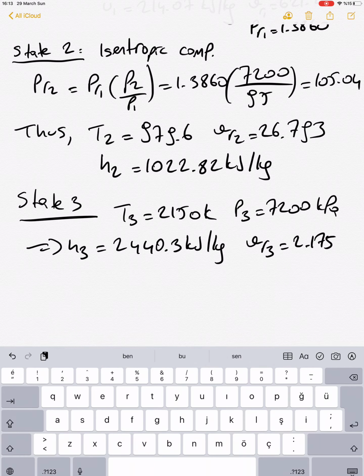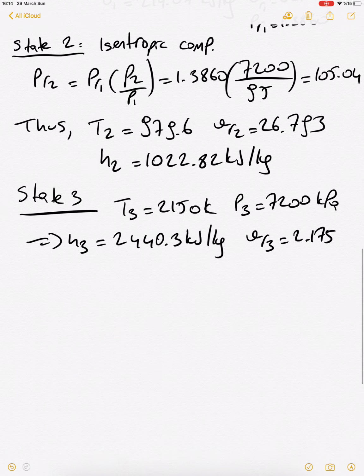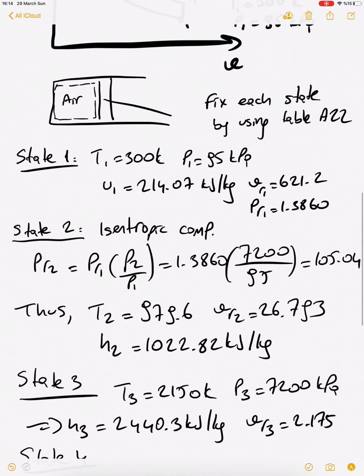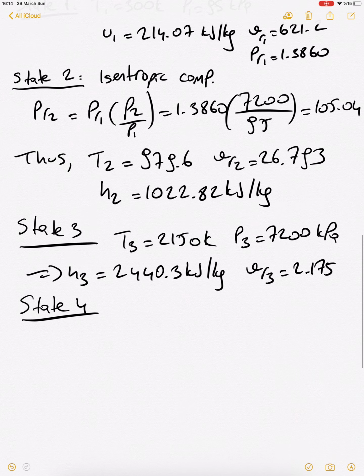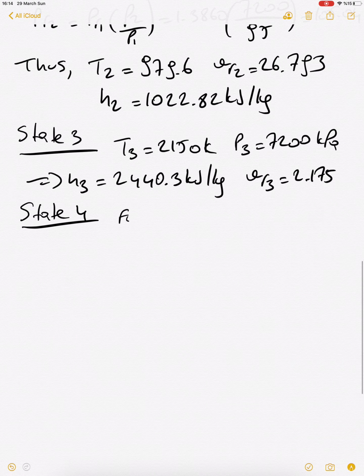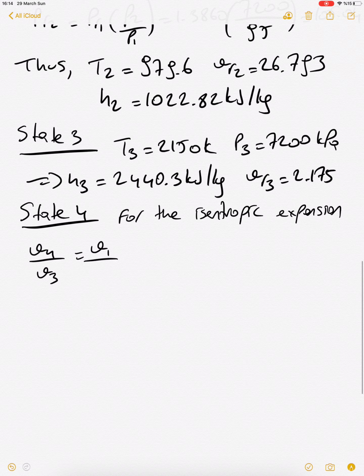So if you go to state 4, what do we know about state 4? State 4 is here, and for the isentropic expansion, we can write V4 over V3 is equal to V1 over V2 times V2 over V3.